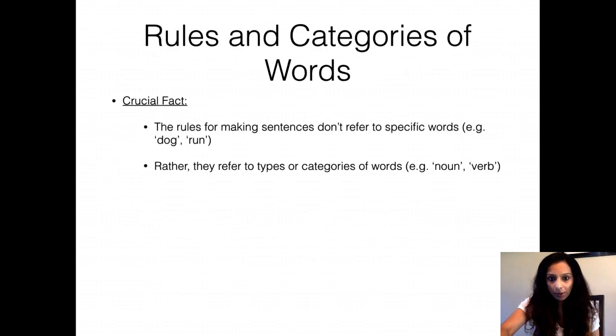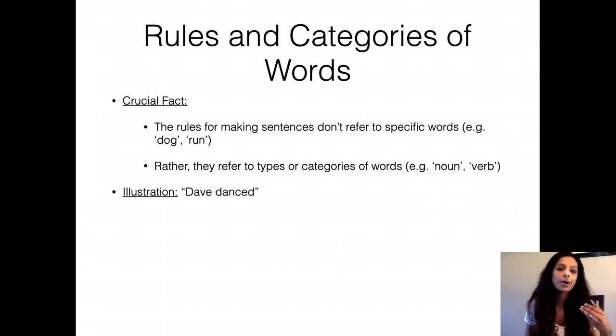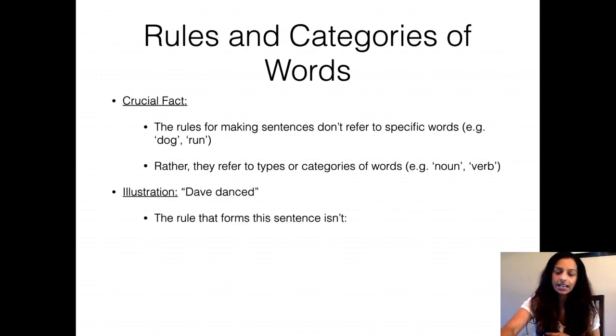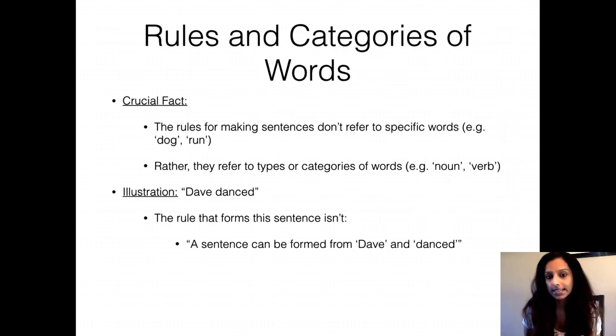When we talk about sentences and how to combine words into sentences, we are talking about categories of words. So here's an illustration for you. It's a very simple sentence. Dave danced. Now, the rule that forms this sentence is not: take Dave, take danced, and put them together to form a sentence. It's a much more general kind of rule.